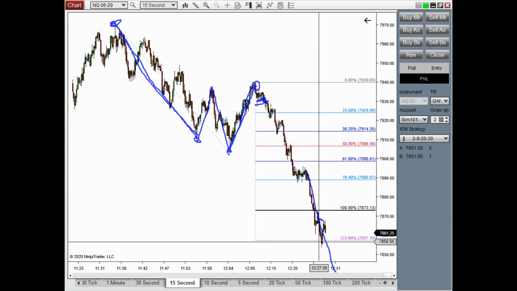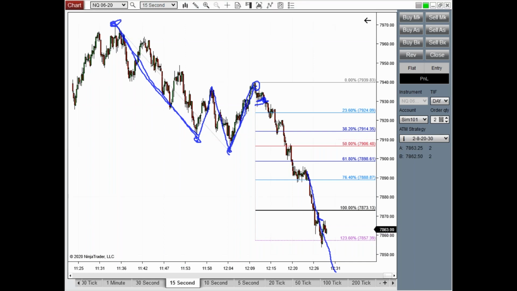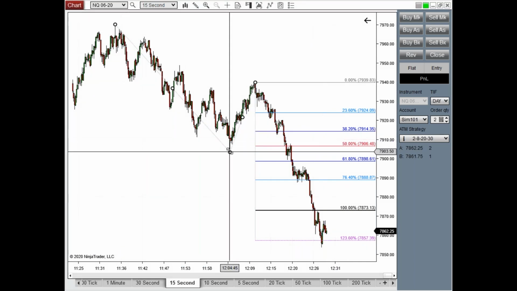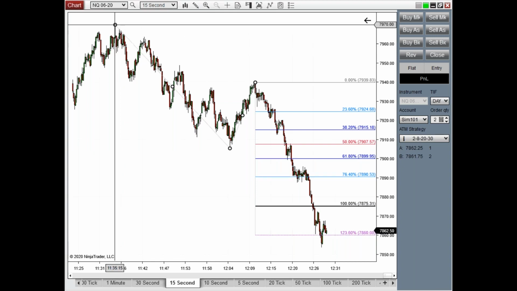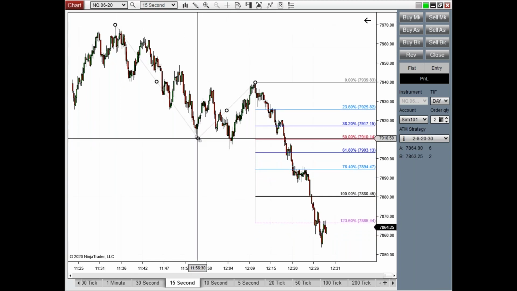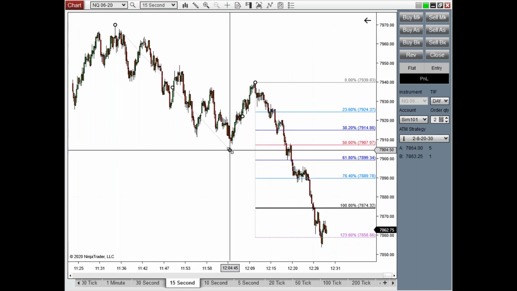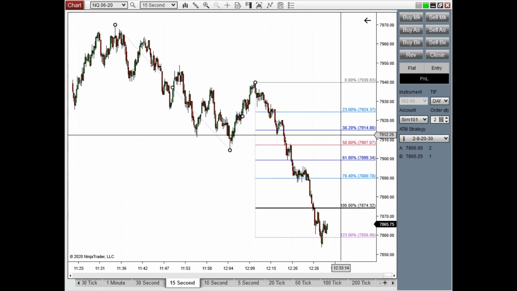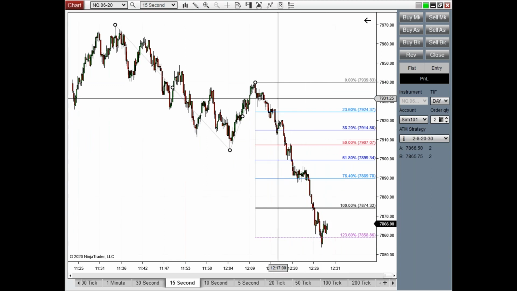You can see we're right at the 123.6 right now. Clear those others so you can see it in the background. And then you could also have looked at it here. With most megaphones, I'll go like this though. And then I'll watch the continuations and look for those measured moves on the continuations.